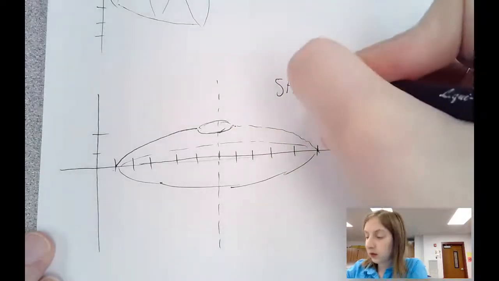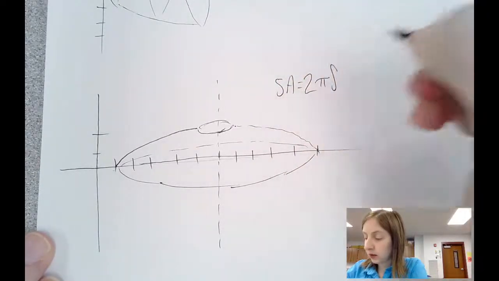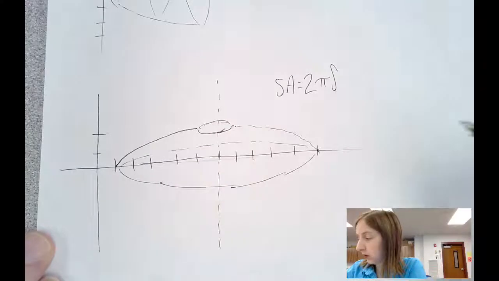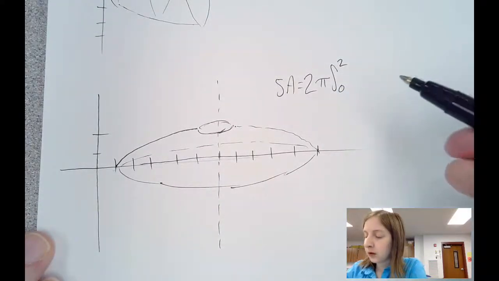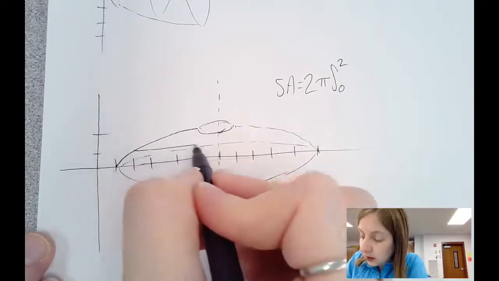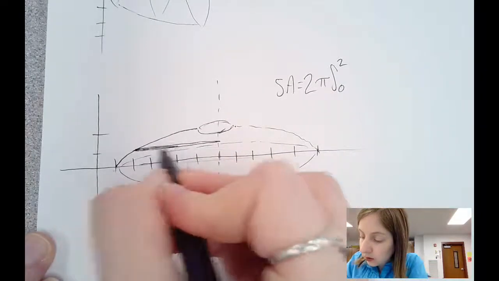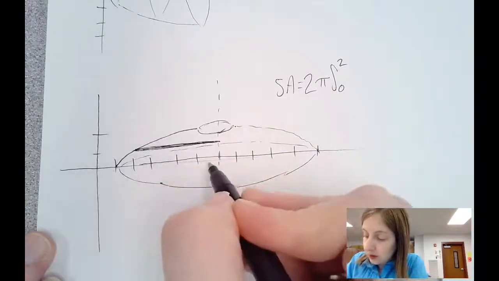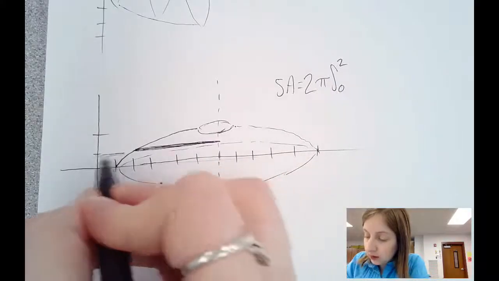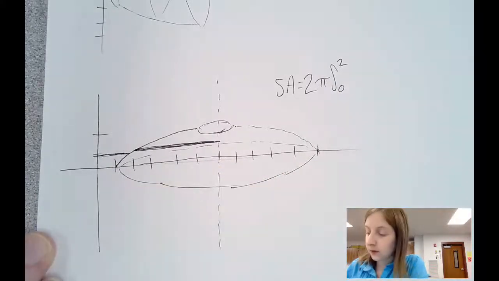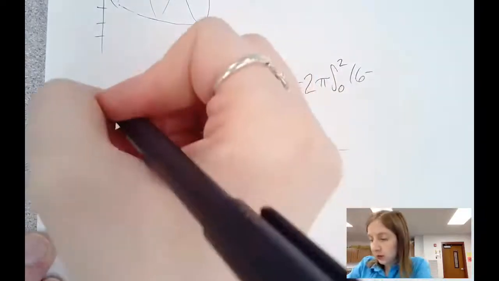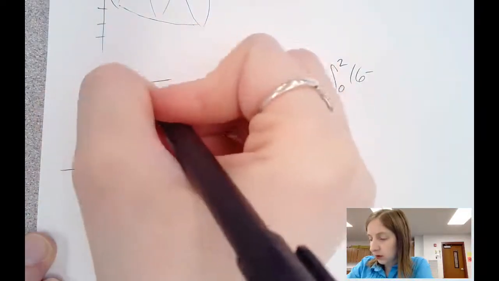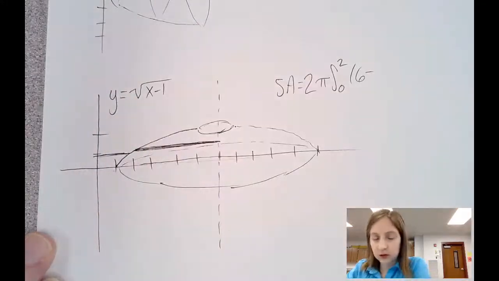Yeah. So 2 pi, this time in the y direction, sorry, we're not in the x direction, 0 to 2. The radius is going to be this length here, which is 6 minus this length here. And we're going to have to actually figure that out. Our original was this.